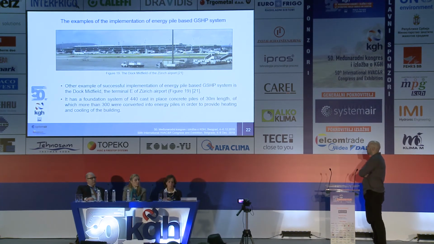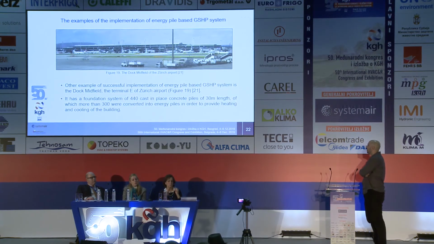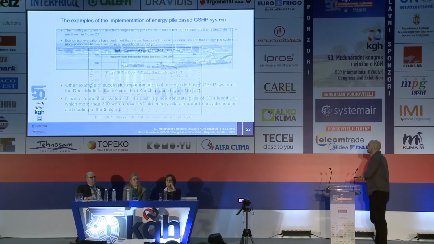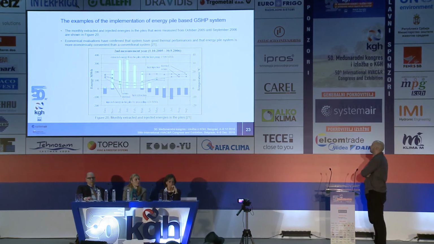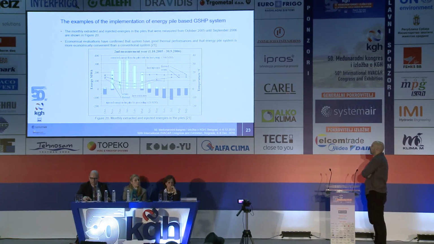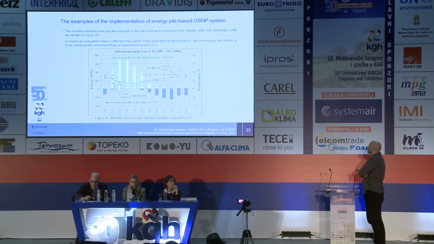Of those 440 piles, more than 300 were converted into energy piles in order to provide heating and cooling of the building. Like in the first example, they concluded that this was an economical and pretty good solution. So, on this graph or chart, we can see monthly extracted and injected energies in the piles.